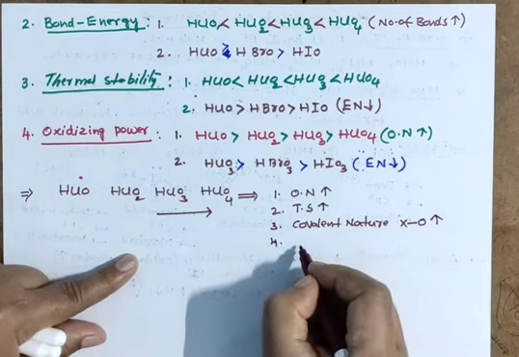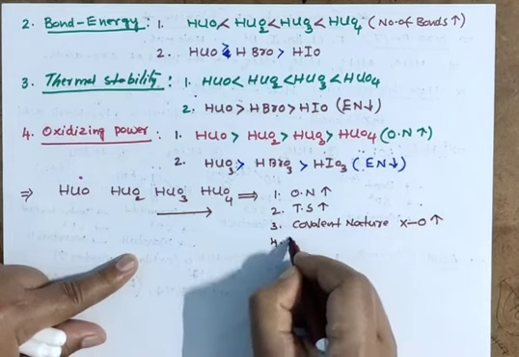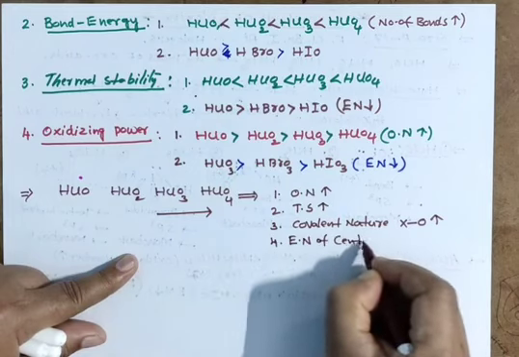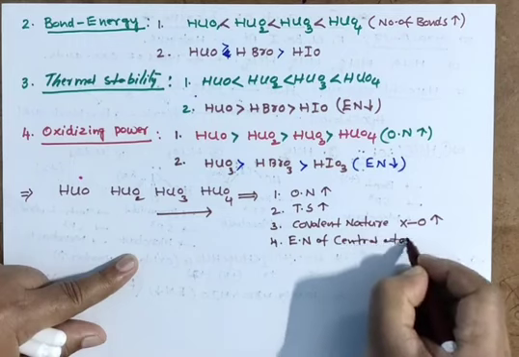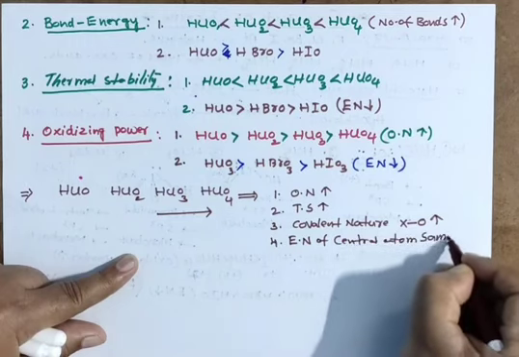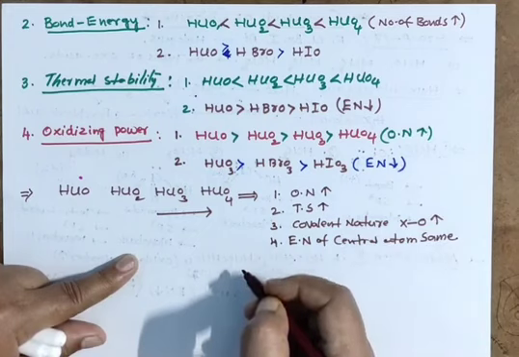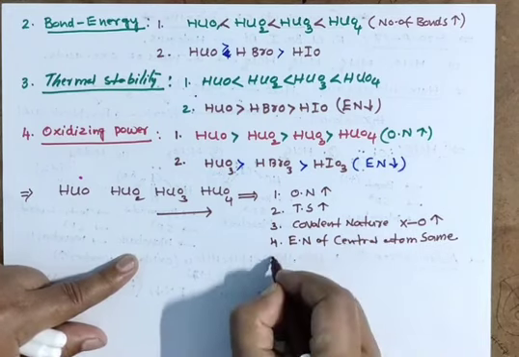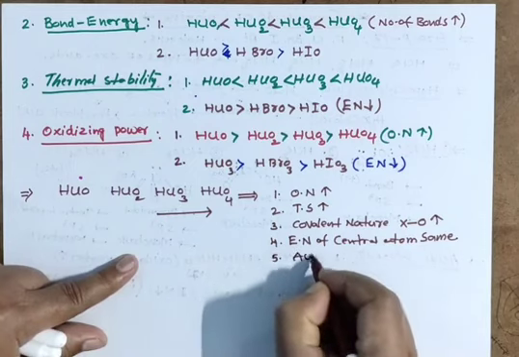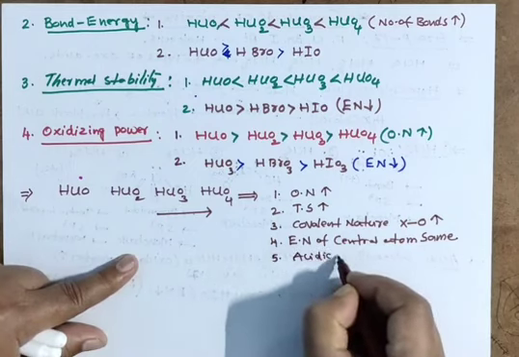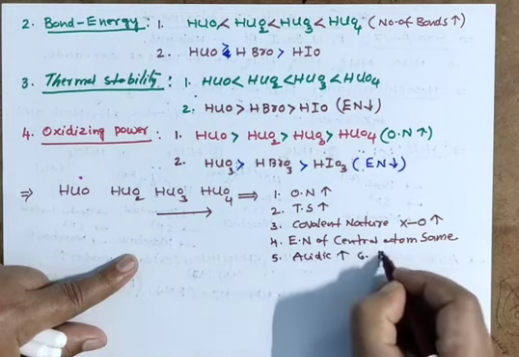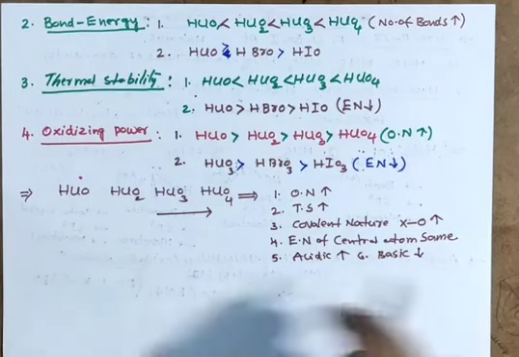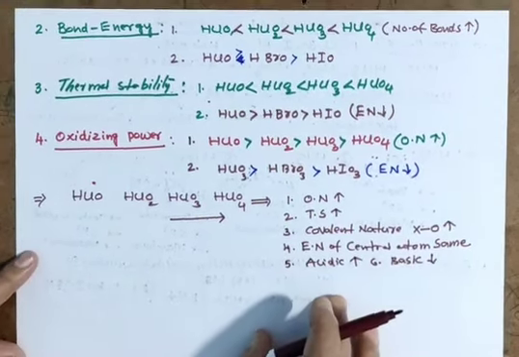This you remember, very easy. Electronegativity of the central atom is the same. And one more, basic strength decreasing, acidic strength increasing. So acidic strength increasing, basic strength decreasing, left to right.